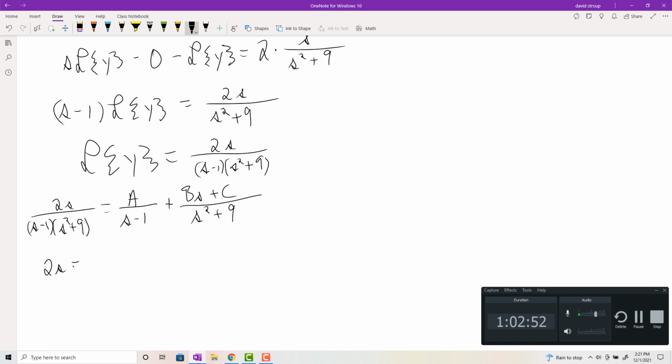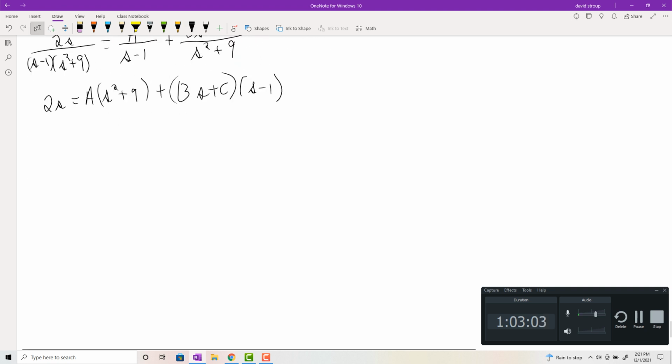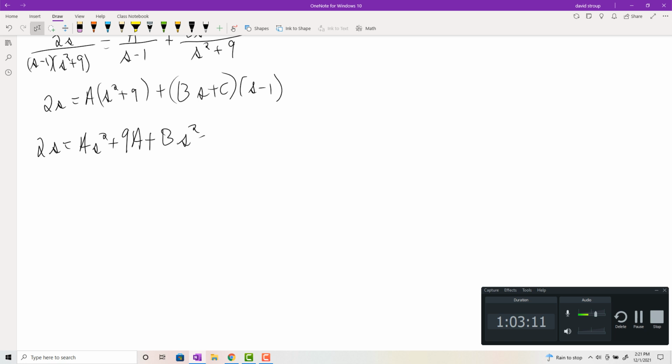You get 2s equals a times s squared plus 9 plus bs plus c times s minus 1. Okay. So this will be 2s equals as squared plus 9a plus bs squared minus bs plus cs minus c.